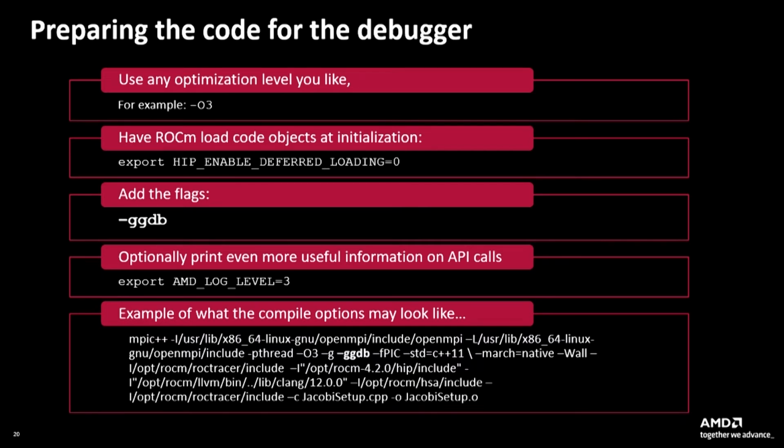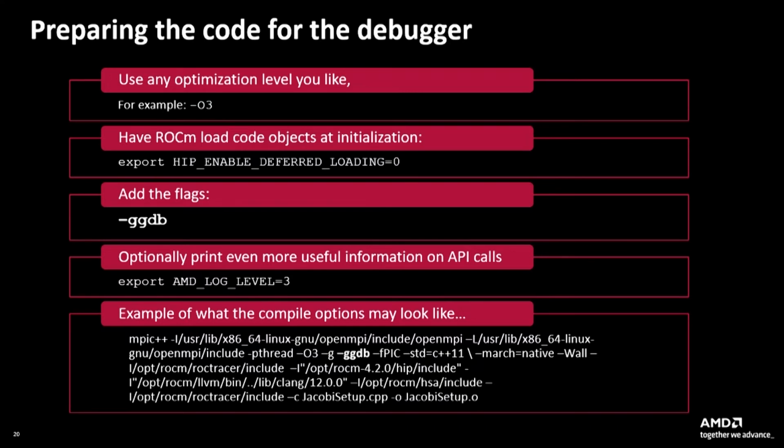Generally, people use O2 or O because they really want to understand what's happening in their application. They want to take some time for that, but it really doesn't matter for rocgdb. The most essential flag that you want to enable to be able to do all this kind of debugging is -ggdb.